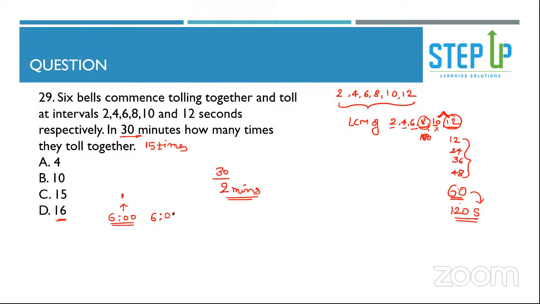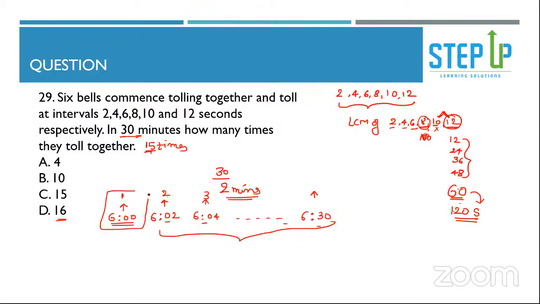At 6:02, it will be counted as 2. At 6:04, it will be counted as 3, and so on up to 6:30. We counted 2 minutes everywhere, so that's why we are getting 15 times. But we need to count the initial one also. So hence the answer is 16 times.